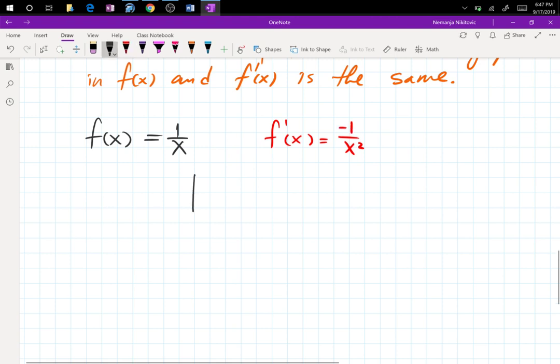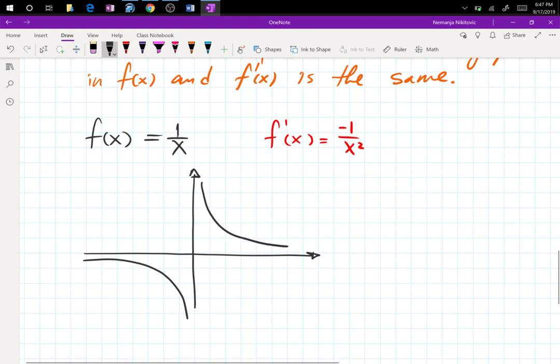So if I draw for the 50th time so far, 1 over x function, if I remember that 1 over x squared looks like this, but then I have a negative which would flip it.